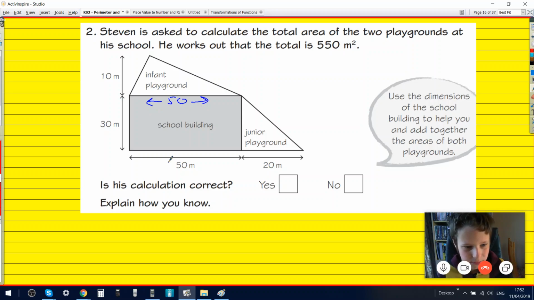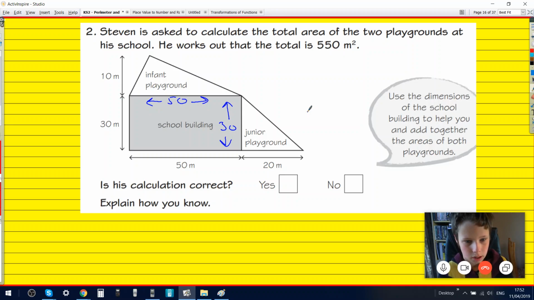The height of the infant playground is 10 meters, and the height of the junior playground must be 30 meters, since the junior playground triangle is as tall as the school building rectangle. So you have to find the total area of the two playgrounds.